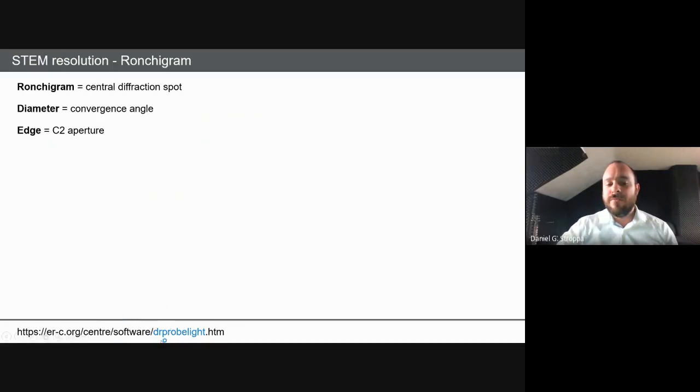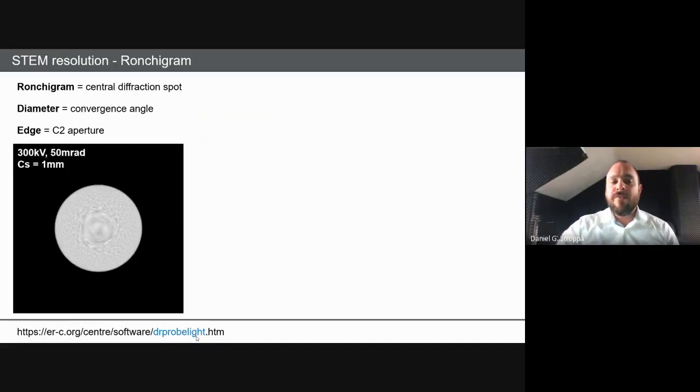Only a certain part here is going to give you a nice transfer function, because you start to get aberration confusion outside this region. So only this part would be a good optical component for your beam, and this leads to a limit in the convergence angle and a limit in the probe size.